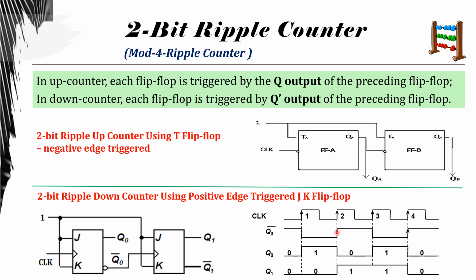At the first positive edge of this Q0 bar, this Q1 is toggled to the 1 state. Then during the next positive pulse, it toggles to the logic 0 state. So the external clock is acting as the clock input of the first flip-flop, then the Q0 bar is acting as the clock input of the second flip-flop. So this is the working of a 2-bit ripple down counter.